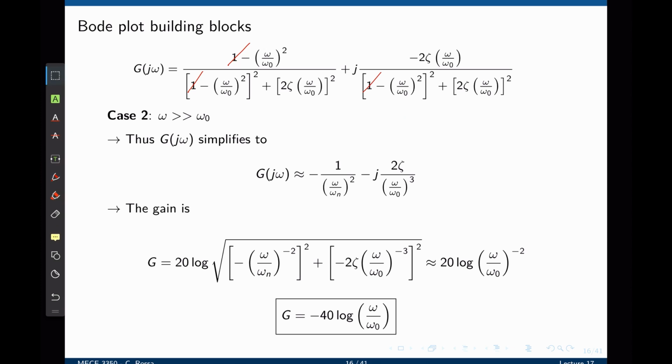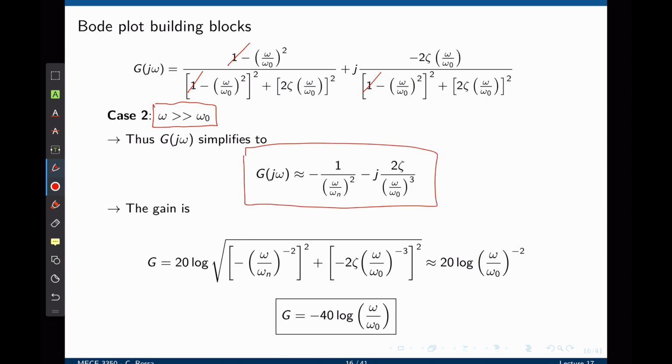Through this manipulation, we can now further simplify both the real and imaginary parts. I'm going to skip that, but it's a relatively simple process. And after the simplification, under again the assumption that the input frequency is much higher than the cutoff frequency, the transfer function simplifies to this, where we see the real part and we also see the imaginary part here.